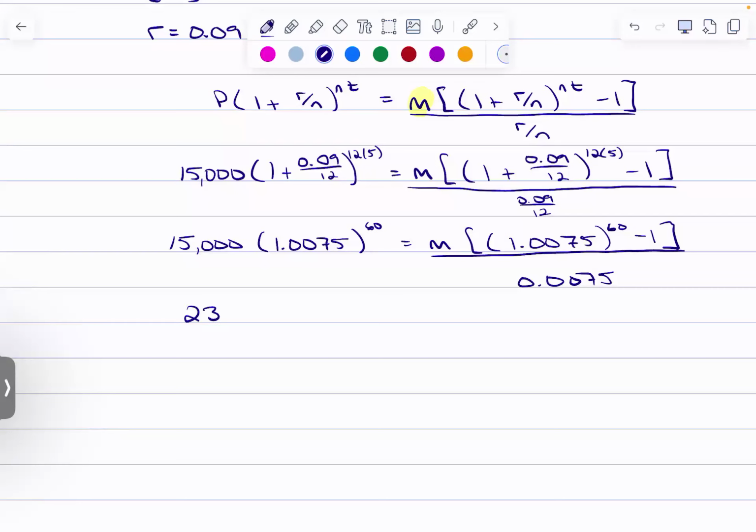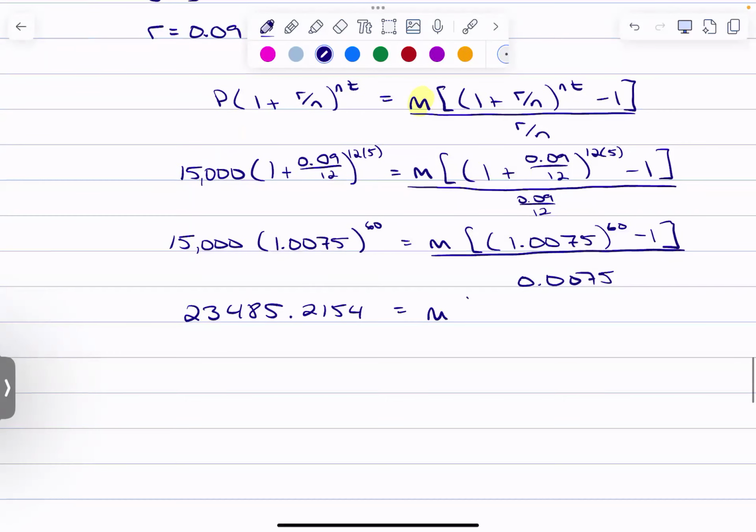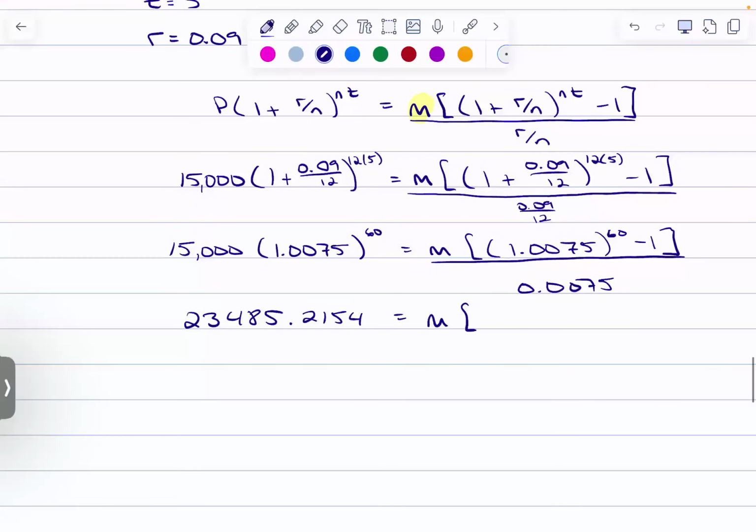I get 23485.2154 is M. I'll store that in B. A minus 1 divided by 0.0075.